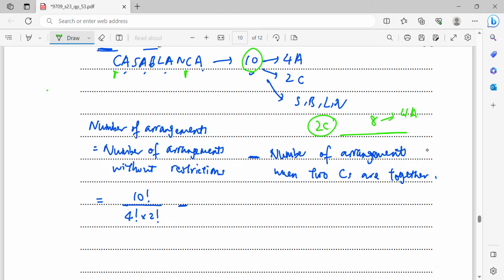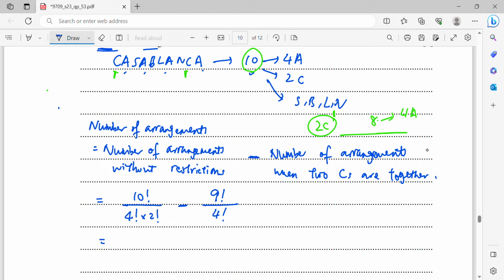When we arrange, we do not assume the 2 C's are in the first place. They can be in any of the places. So here 8 plus this 1 for the C's becomes 9. I'm arranging 9 letters, because the 2 C's are grouped as 1. Then out of the 8 letters, you still have 4 A's, so you must divide by 4 factorial.